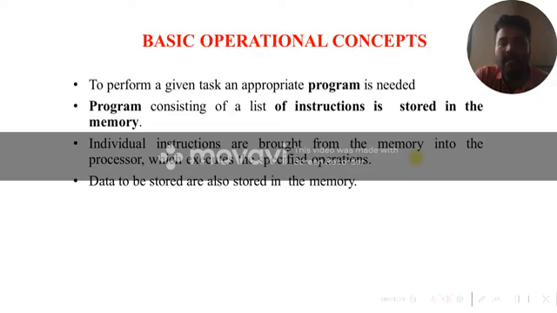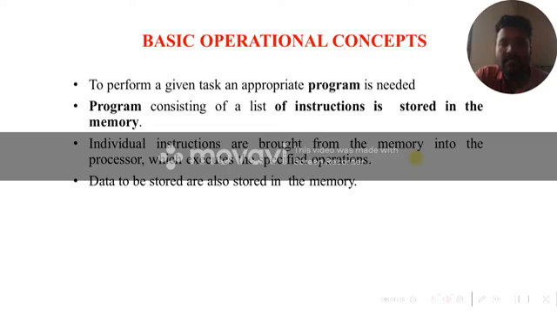The individual instructions are brought together from the memory into a processor, which is able to execute the specific operations. These operations can be of anything. For example, the operation can be a normal arithmetic operation, or logical, or any kind of bitwise operation. So any kind of operation can be carried out in these operational concepts.